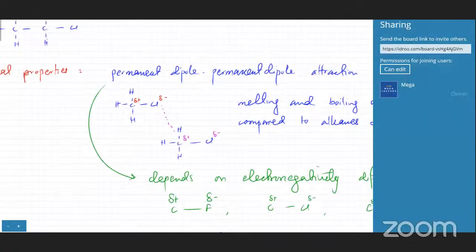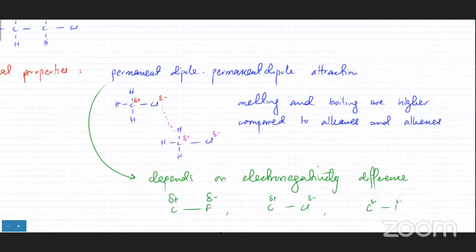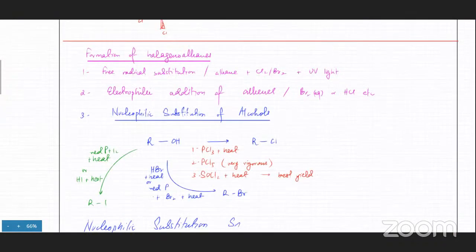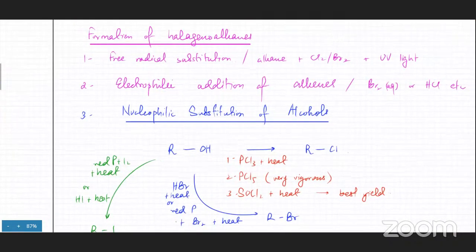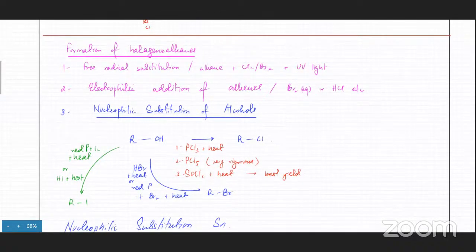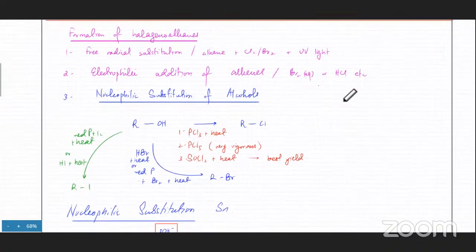This one. So halogenoalkanes, just a quick revision: how many reactions did we have for halogenoalkanes? There was formation of halogenoalkanes, which was free radical substitution of alkanes, chlorine and bromine, UV light. And then there was electrophilic addition of alkenes, where you had bromination and HCl, etc., getting added to the double bond, and they would form halogenoalkanes.